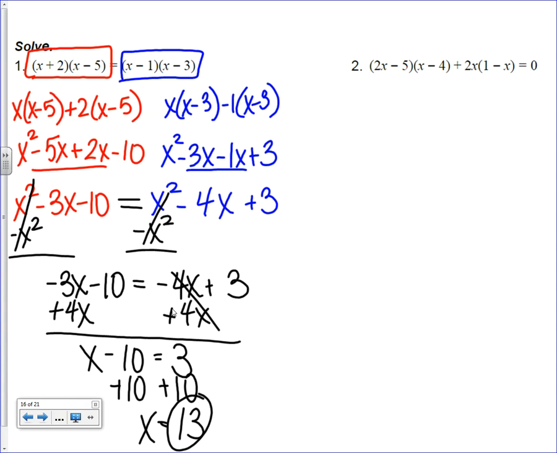Okay, let's flip it over. I'll read you this one to put on the back, okay? Are you ready? Yeah? Okay, parentheses, 2x minus 5, close parentheses, open parentheses, x minus 4, close parentheses, plus 2x, open parentheses, 1 minus x, close parentheses, equals 0.